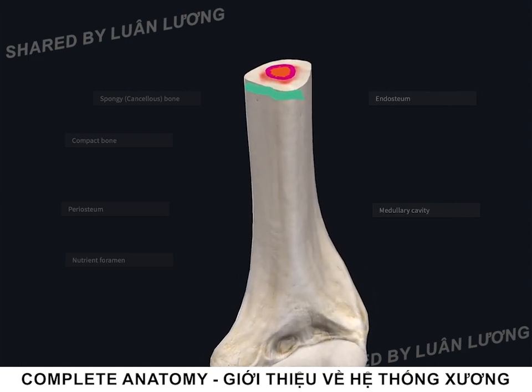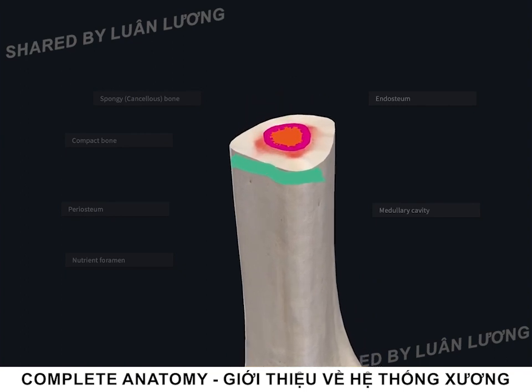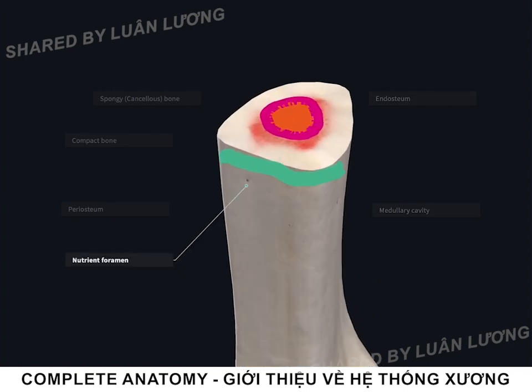And the way that those cells get in and out of the bone are through small openings known as nutrient foramens. So especially in the shaft of a long bone, you're going to see small openings that would allow for the passage of blood vessels and nerves in and out of this space.